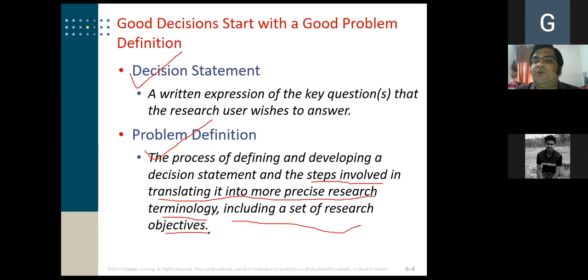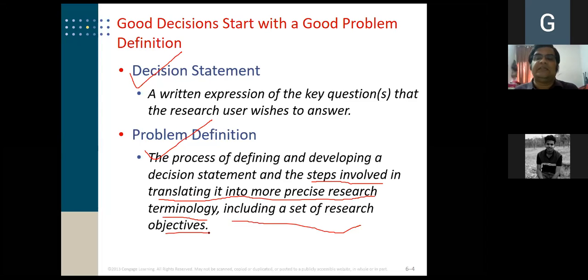So what is a problem definition? It is defining and developing a decision statement and the steps involved in translating it into more precise research objectives. So two things are there, decision statement and problem definition.